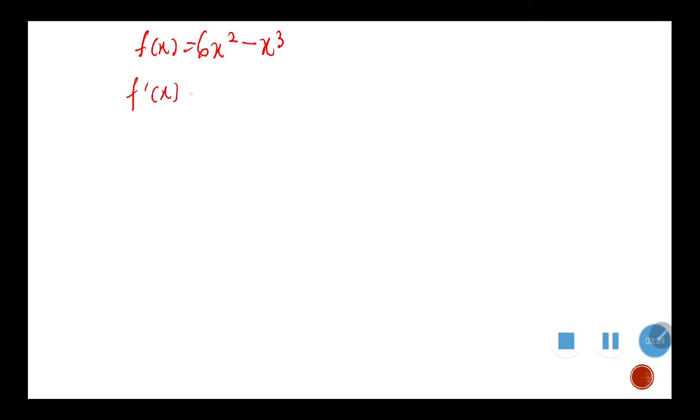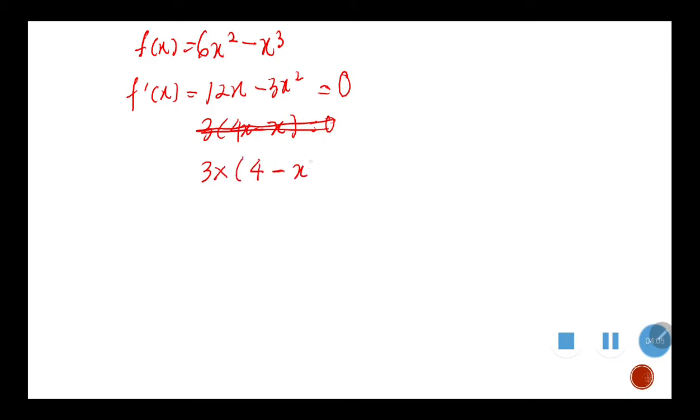We have done this before: 12x minus 3x squared. Let it equal 0. So you factor out 3. Sorry, mistake here. We factor out 3x: 3x times (4 minus x) equals 0.